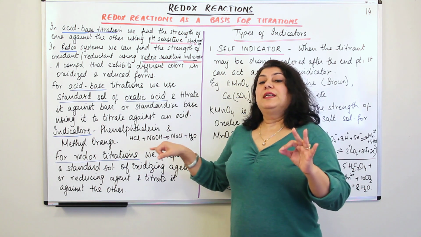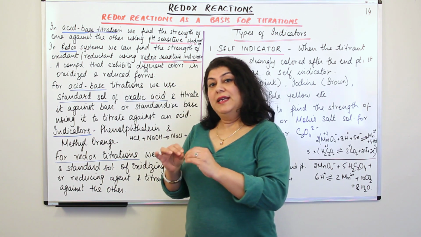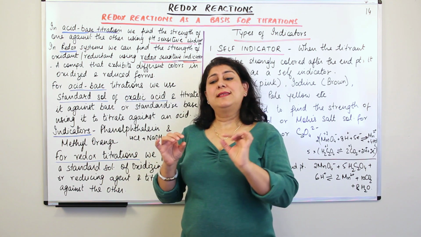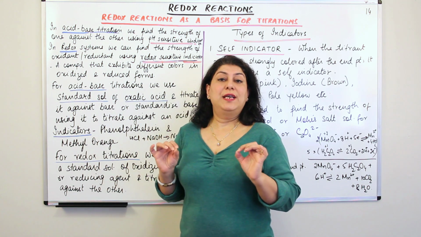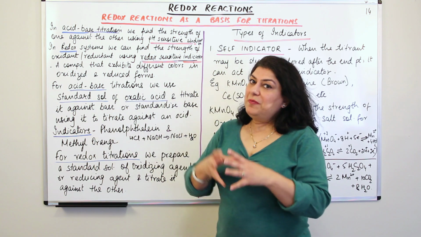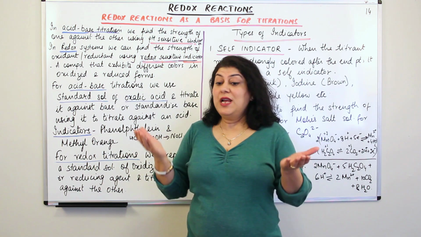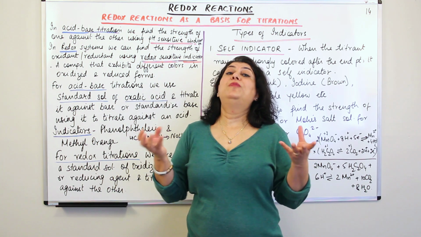Now what is important in acid-base titrations is that the indicator is sensitive to the pH. It is sensitive to acidic or basic nature. The same process can be used in case of redox reactions also, because redox reactions are also opposing processes.